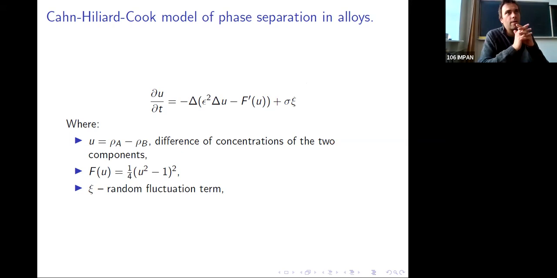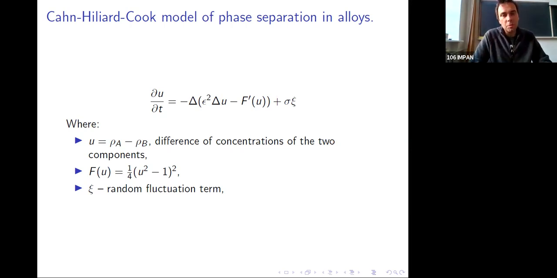Once you have a binary alloy, an alloy consisting, for instance, of iron and chromium, we want to see how the relative densities of iron and chromium change once we apply certain processes. Of course, there's this random fluctuation term, coming, to my understanding, essentially from the fact that we are dealing with quantum things. So there is a certain uncertainty going on.